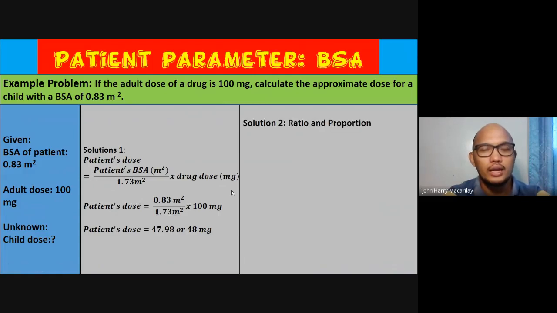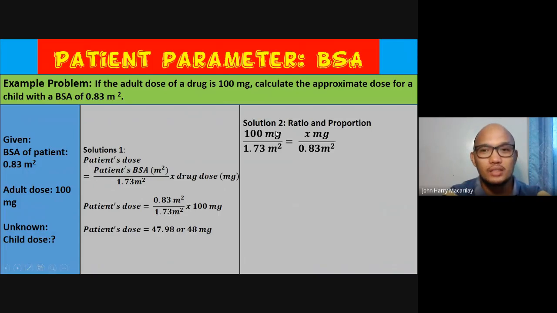For ratio and proportion, again, it is between two ratios or two pairs. So the solution will look like this. 100 milligrams is the dose for an average patient which has a body surface area of 1.73 meters squared. What about if the body surface area is only 0.83 meters squared? What is the equivalent dose of the drug?